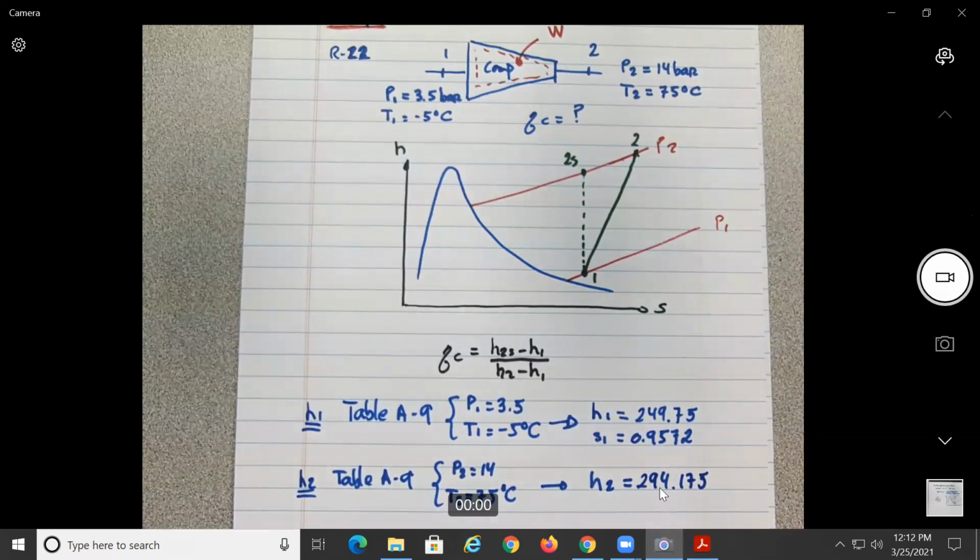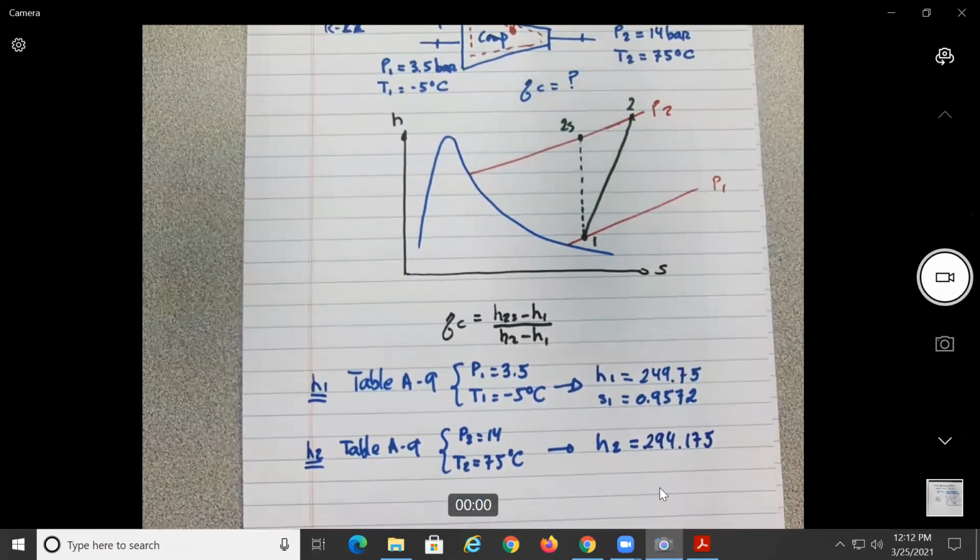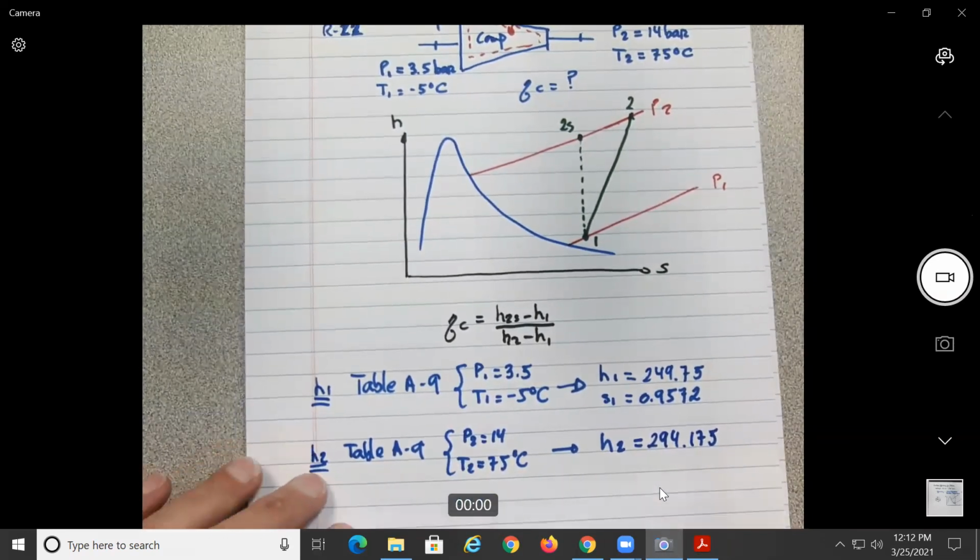And now we need the one that is, so we need to find out H2S, which probably we're gonna have to interpolate, no? So let me go to the next page.